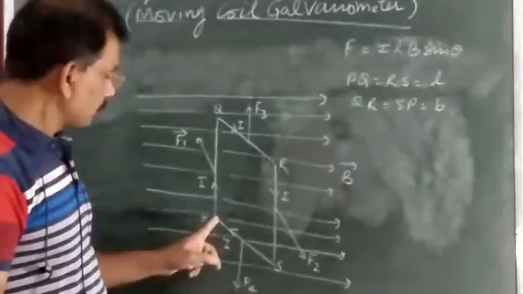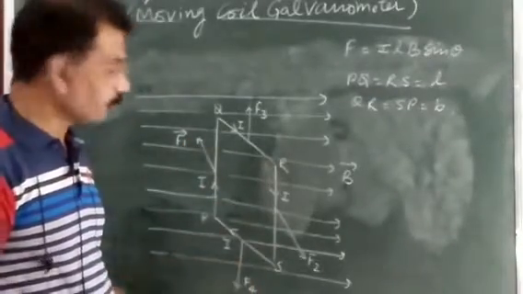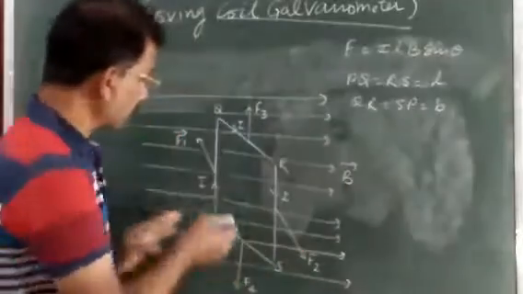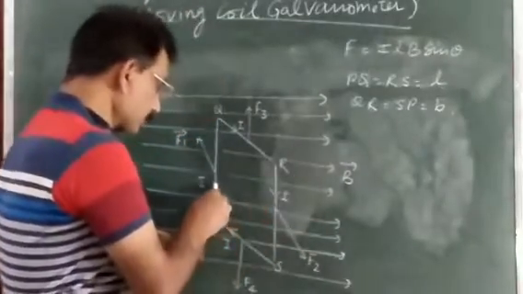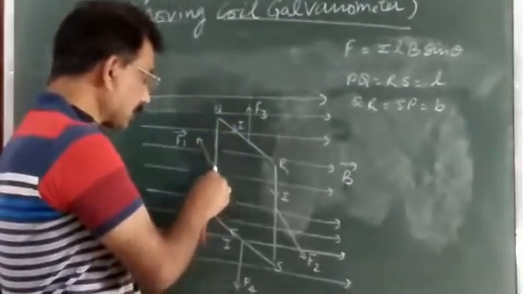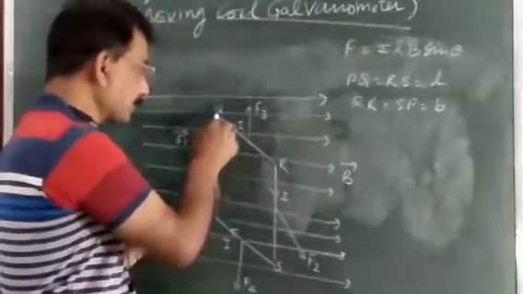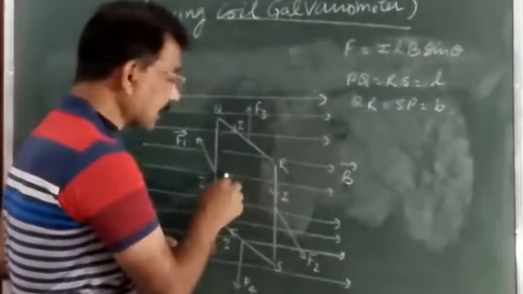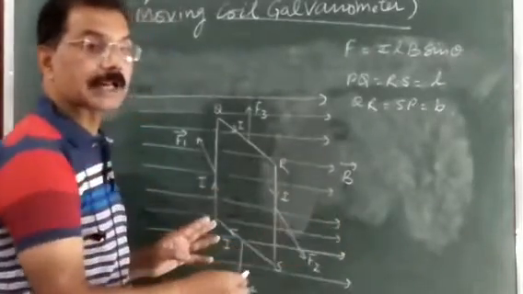And now you see here, in this loop the sides PQ and RS are both perpendicular to this magnetic field. Here the magnetic field is along this one and the loop is in the plane along this. So the angle between the side PQ of this rectangular loop and the magnetic field is 90 degrees. In the same way, for RS and the magnetic field also we take 90 degrees.